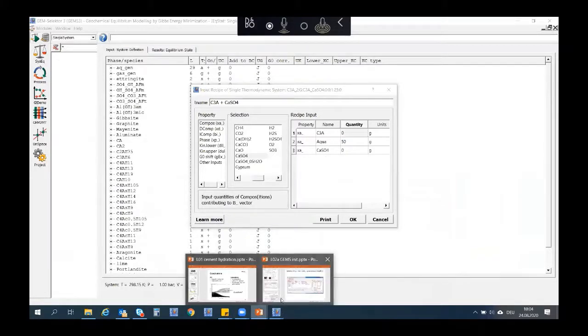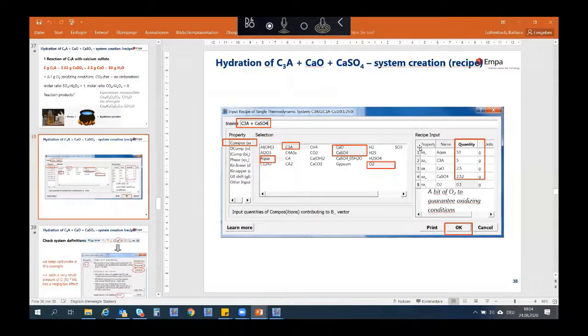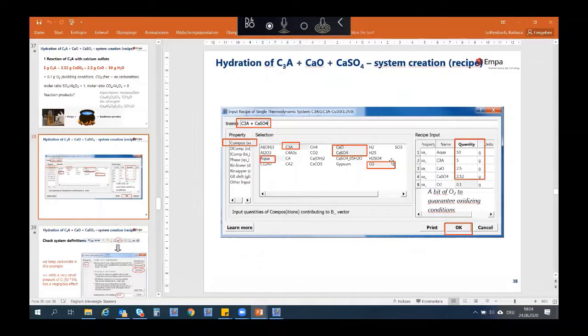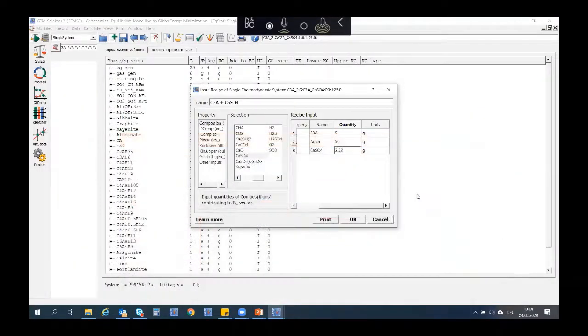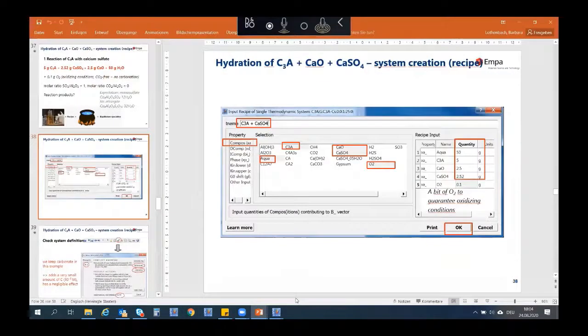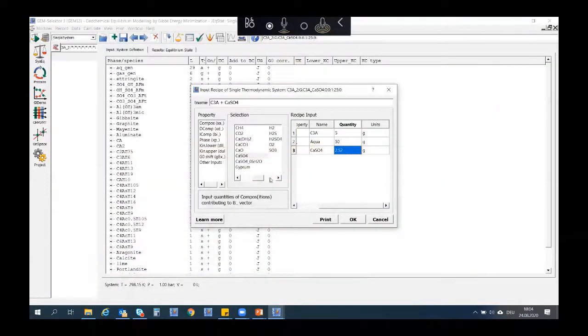We had how many calcium aluminate? 5 grams. And you can see I have here the units. So I always know what I put in. Then I have to check again. We have 2.52 grams of calcium sulfate, sorry, and 2.5 grams of calcium oxide.